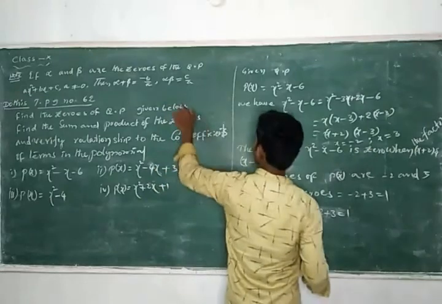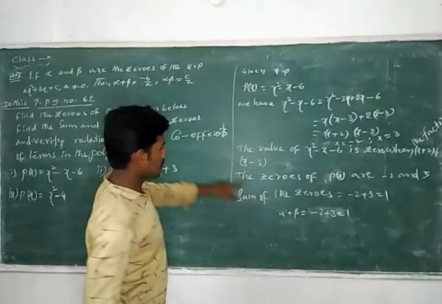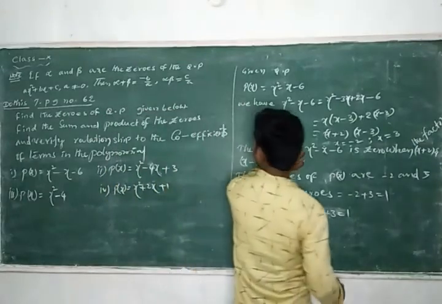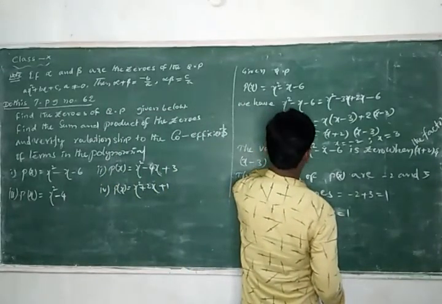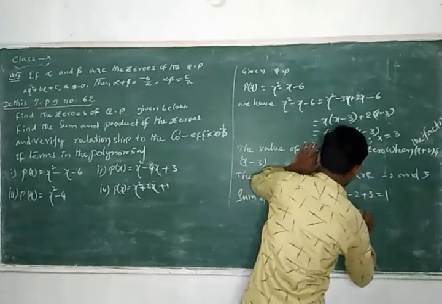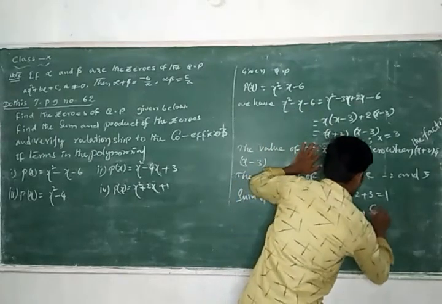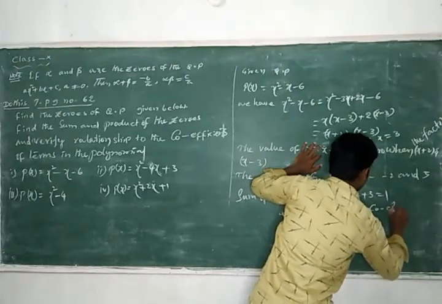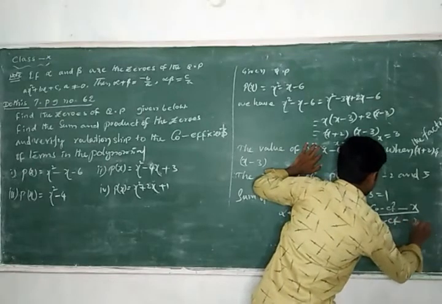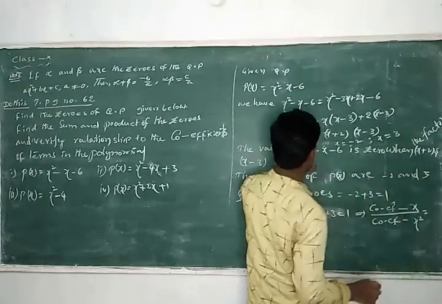Here, what is the coefficient? Minus b by a: the relation is minus coefficient of x by coefficient of x square. What is the x square coefficient?